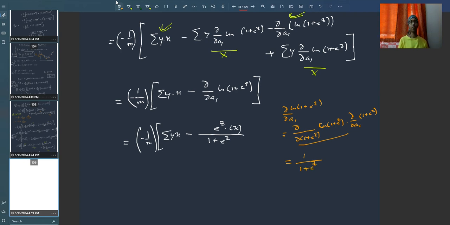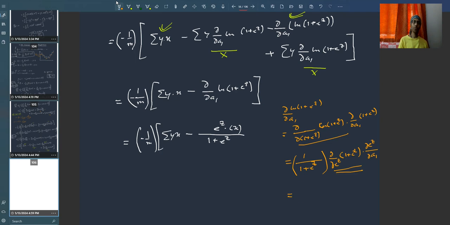Now this is equal to del e to the power z of 1 plus e to the power z into del of e to the power z by del a1. Now this becomes equal to 1, because e to the power z differentiating, they become 1, and 1 is constant, so it becomes 0 when differentiated.